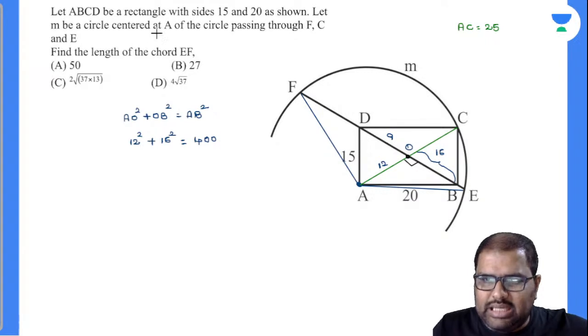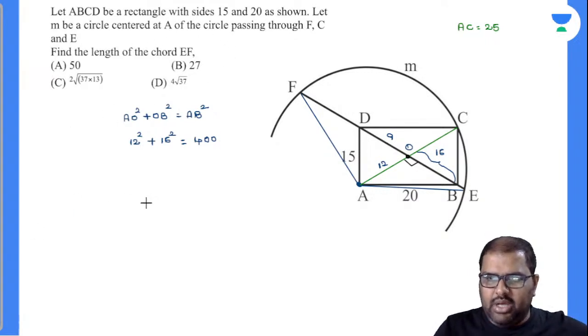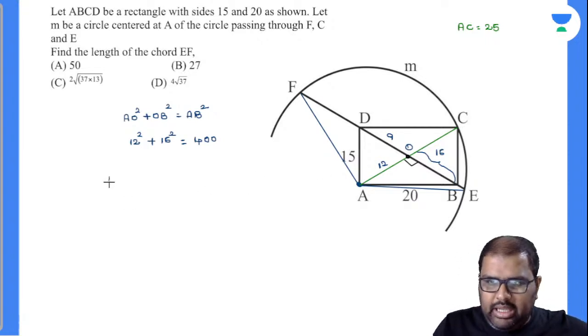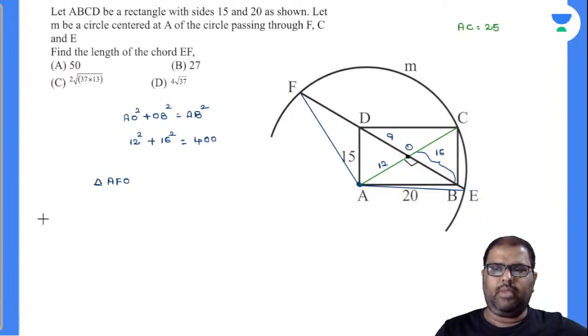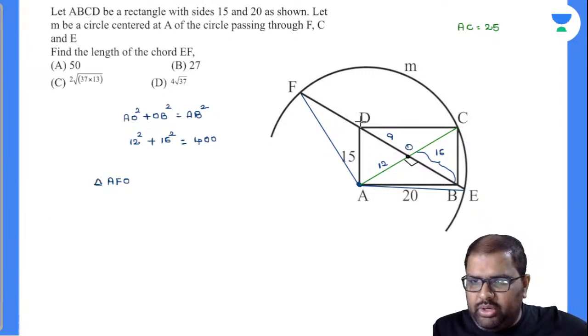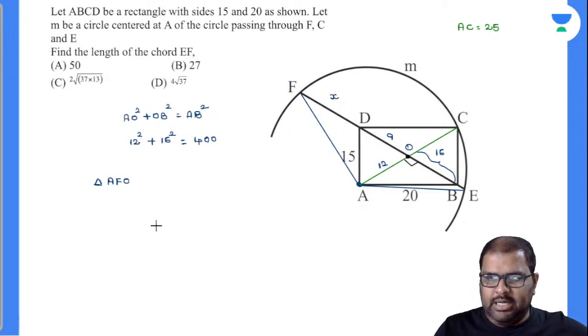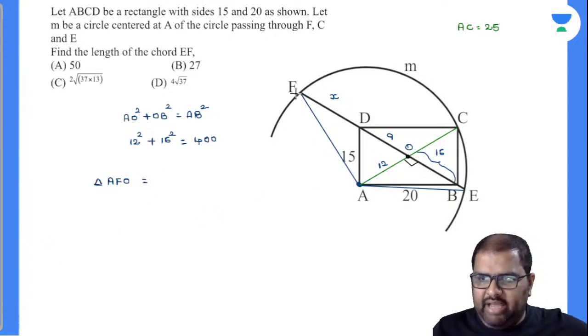Now what is the question asked? Length of chord EF. Now observe here, AFO is nothing but a right angle triangle. From O to D, so F to D I'll take as a value called X. AF is the radius of the circle.